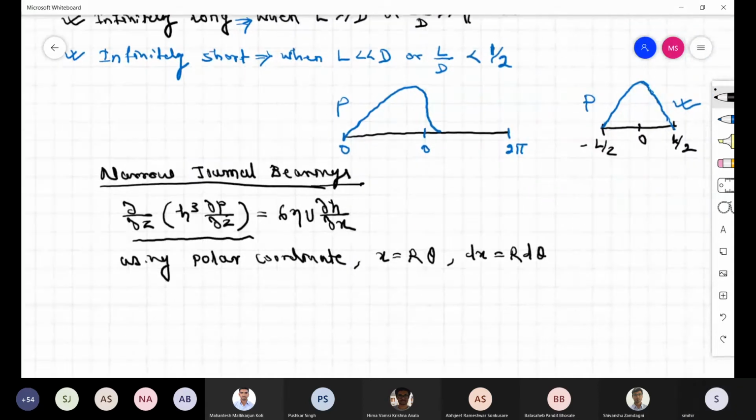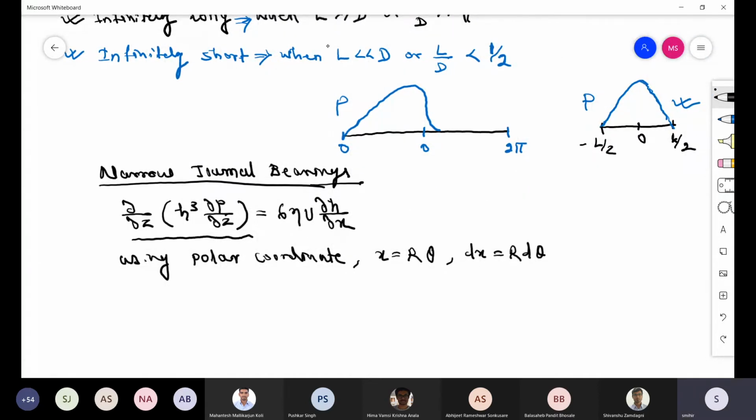Now in the polar coordinate system, your equation will become this.